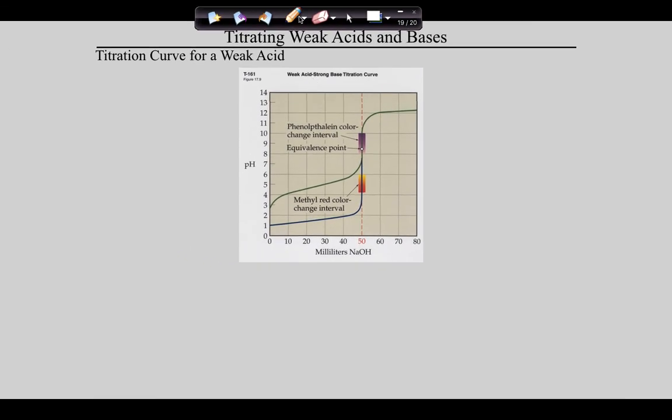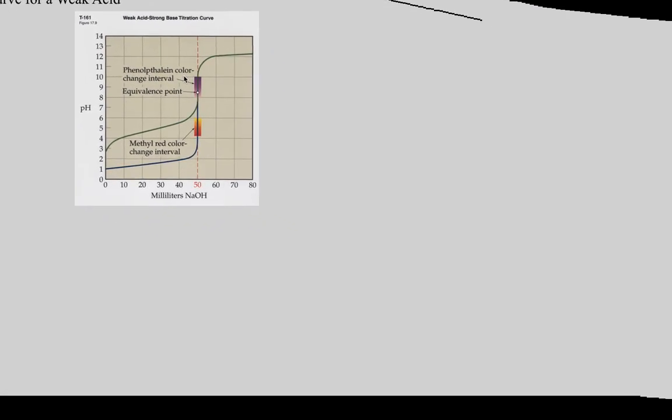Same conversation, but now we're on the green line. So we still have initial, before equivalence, at equivalence, and after equivalence. Do not look at the paper I gave you. Let's talk and then summarize.